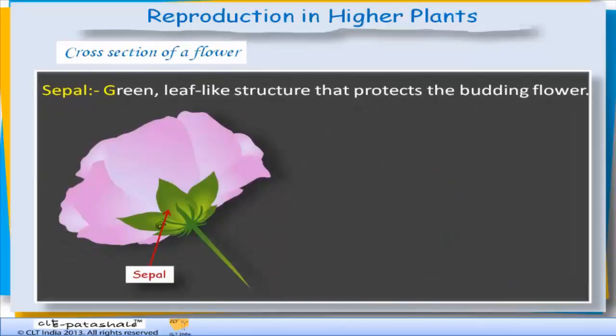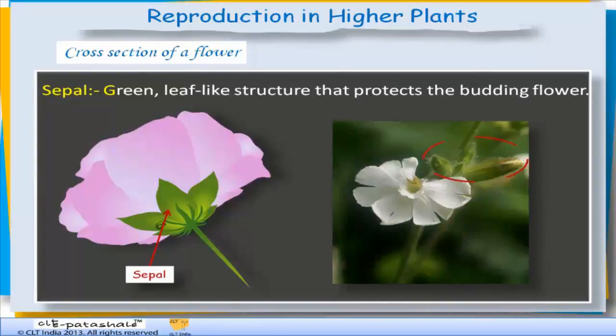Which is a green, leaf-like structure that protects the budding flower.